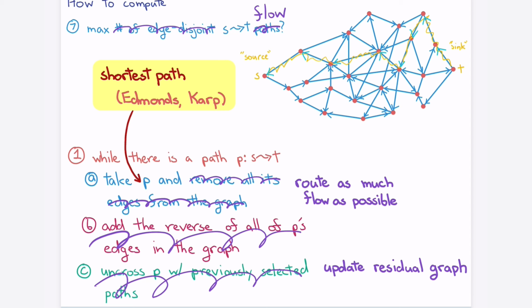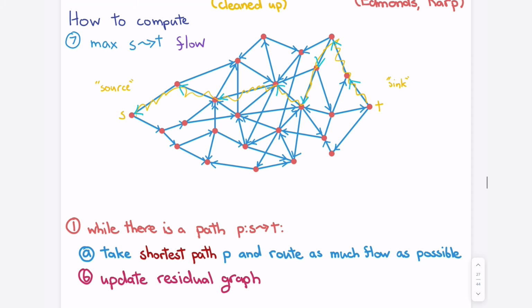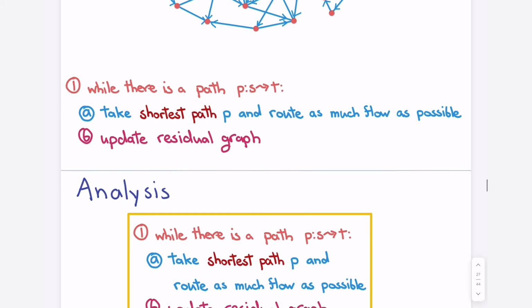And we'll route as much flow as possible and update the residual graph. Okay. So, right, we're almost caught up. So that's the algorithm in a cleaner form. I'm just going to keep routing as much flow along the shortest path.